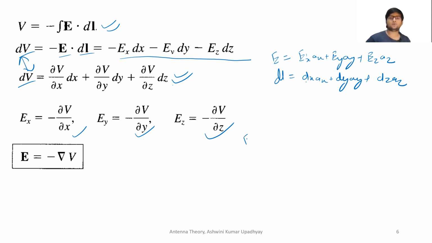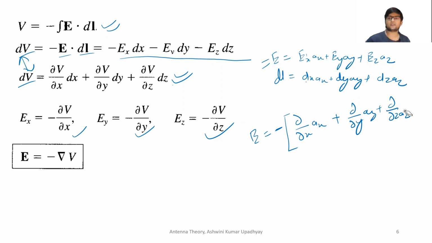Now, you know that the electric field is this equation, Ex ax, Ey ay, and Ez az. And also, V is always a scalar quantity. So you can write this equation as E is equal to, in the place of Ex, you can write, taking the minus common, del upon del x Ax plus del upon del y Ay plus del upon del z Az, sorry, Az will be here.